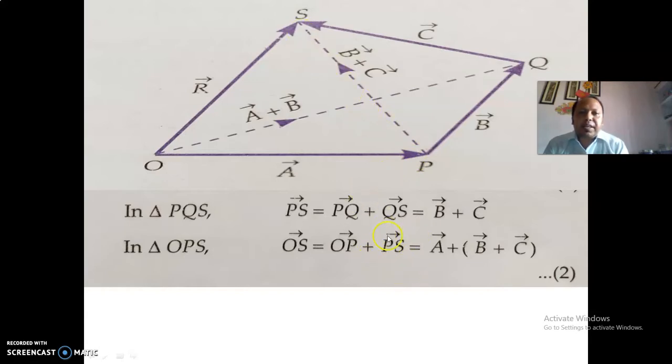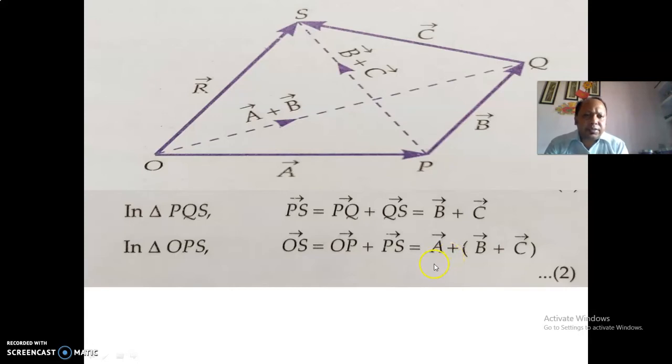Now the value of PS we have already calculated, it is vector B plus vector C, and the value of OP is A. So it is vector A plus, within bracket, vector B plus vector C. So this vector A plus within bracket vector B plus vector C also represents the resultant OS. And initially we have seen that the vector OS, that is the resultant, is also represented by within bracket vector A plus B, plus vector C.